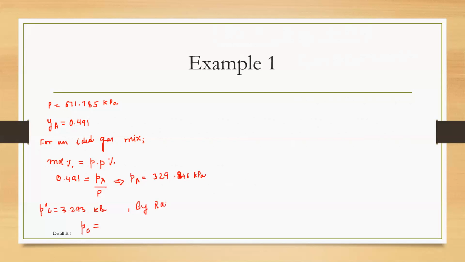By Raoult's law, the partial pressure of a component is equal to the vapor pressure of that component times the mole fraction of that component in the liquid phase.